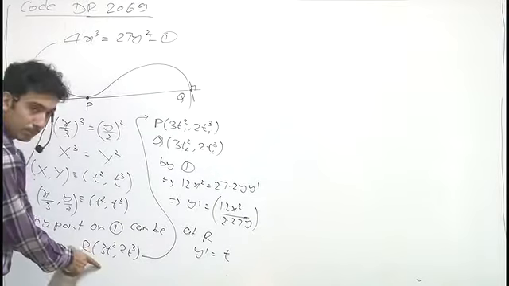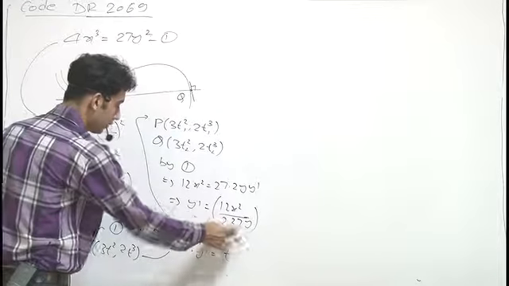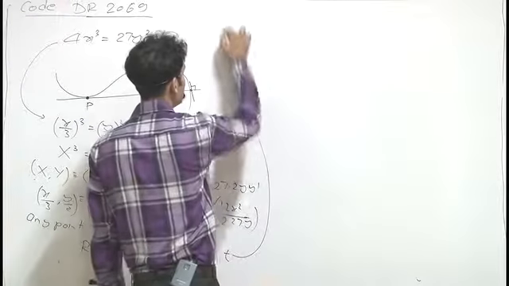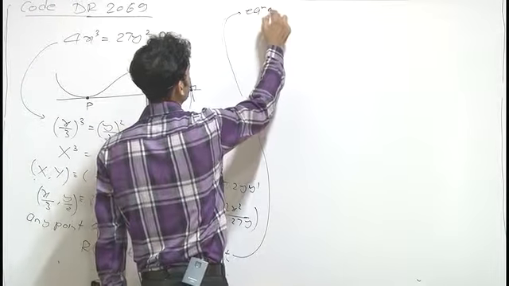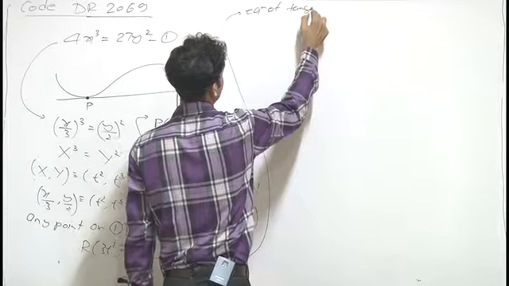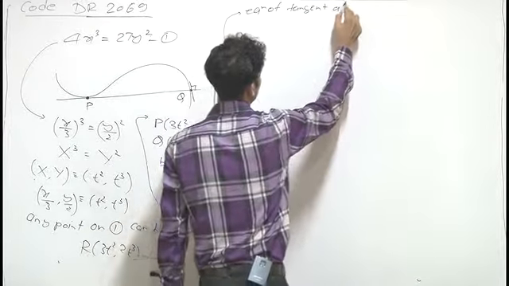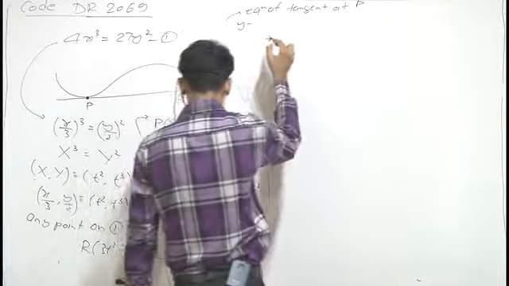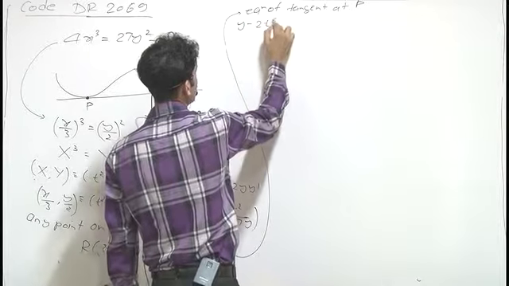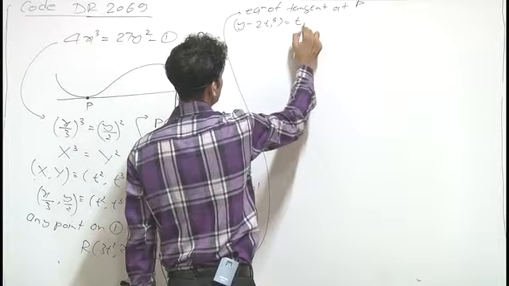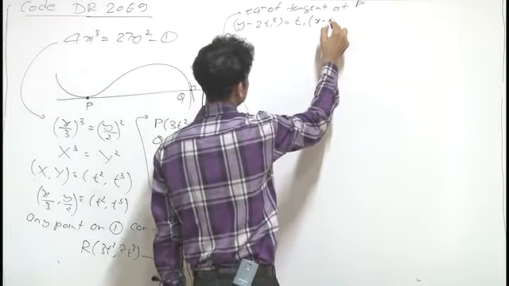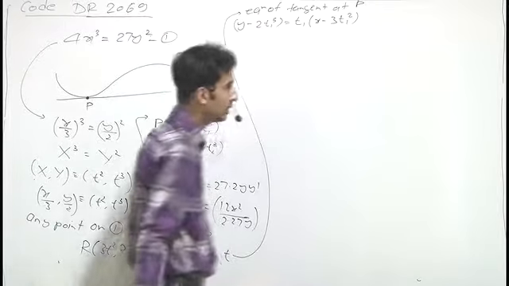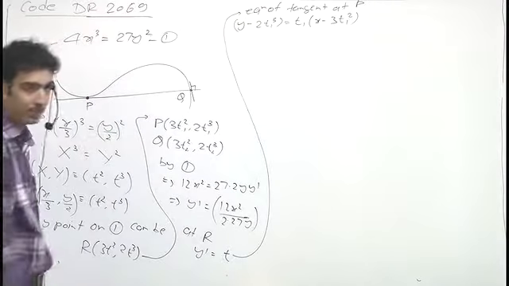If we put these values in this, we have y dash equal to t. So the equation of tangent at point P can be written as y minus 2t1 cube equal to t1 times (x minus 3t1 square). This is the equation of tangent at P.